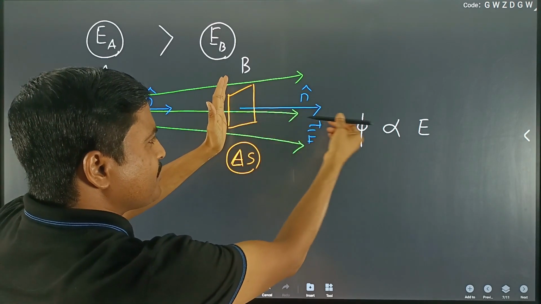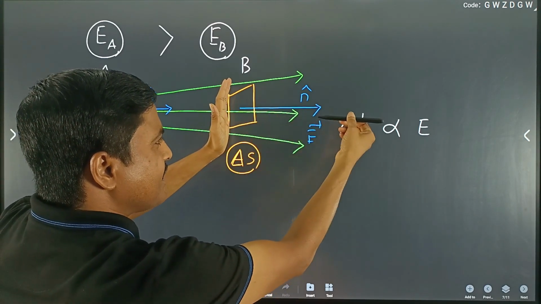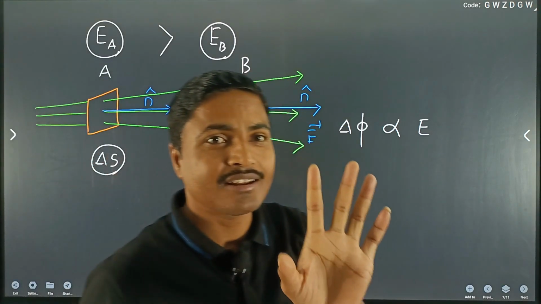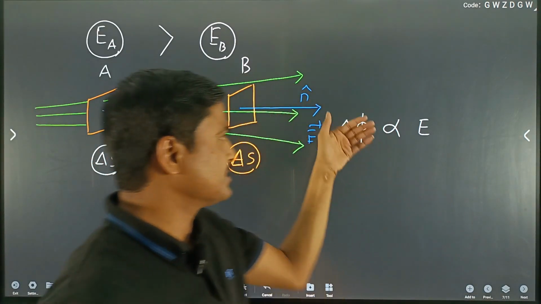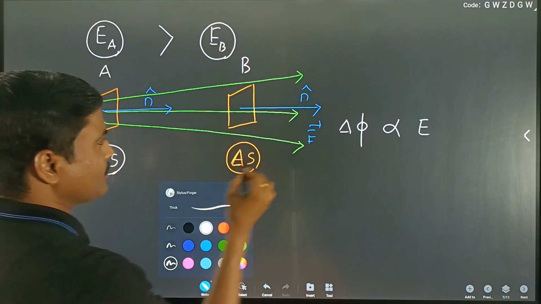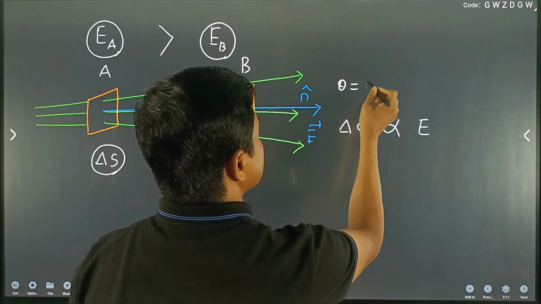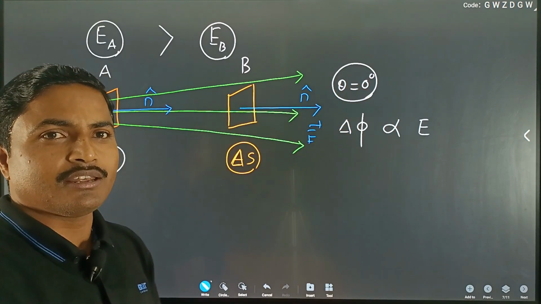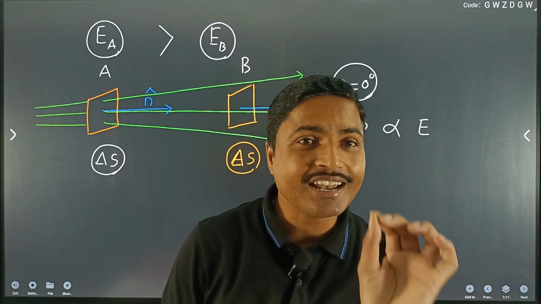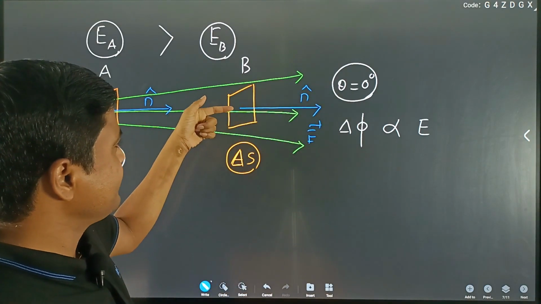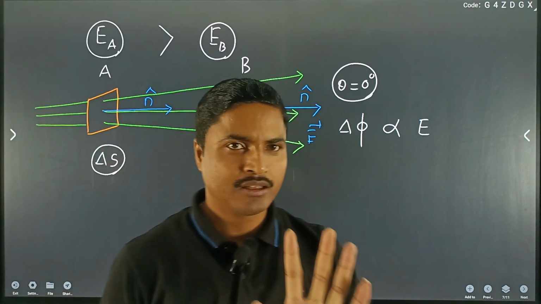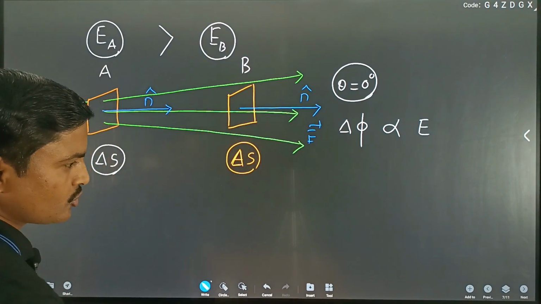That means the direction of the E vector, or direction of electric field lines, and the area vector are both in the same direction in this case, so we write theta is equal to 0 degree. Theta means the angle between the direction of electric field lines and the area vector. Clear? Suppose another case.